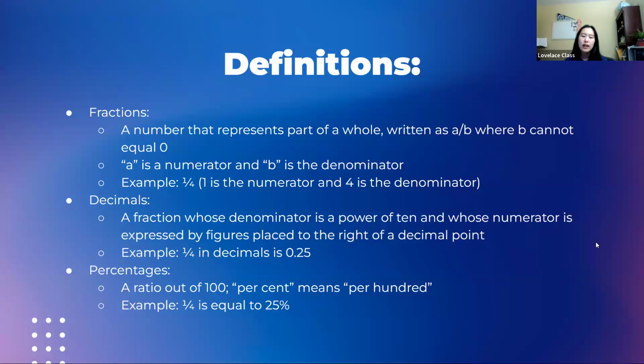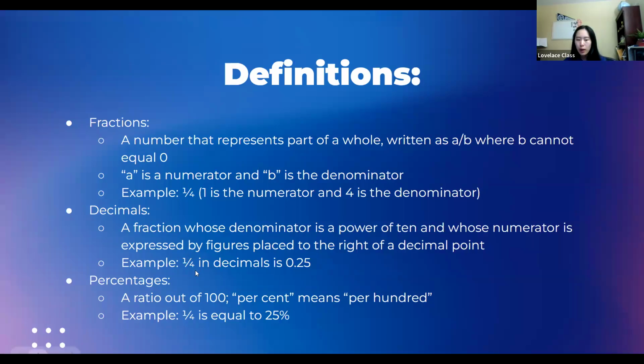So what does this mean? If we look at this, 1/4 in decimals is 0.25. There's always going to be that point there. And if the whole power of 10 thing doesn't make sense, that's totally okay. Just know that decimals have that point there.